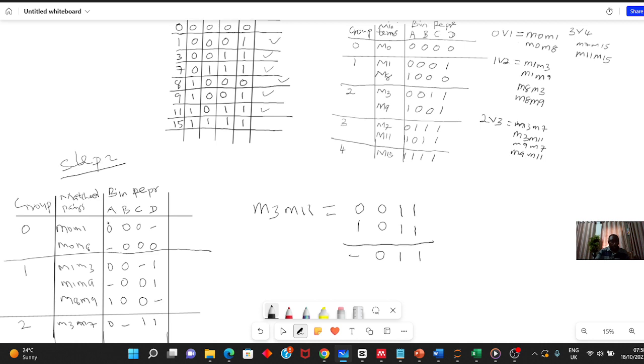So the next match pair is M3, M11, and the match pair is given to be dash, 0, 1, 1.